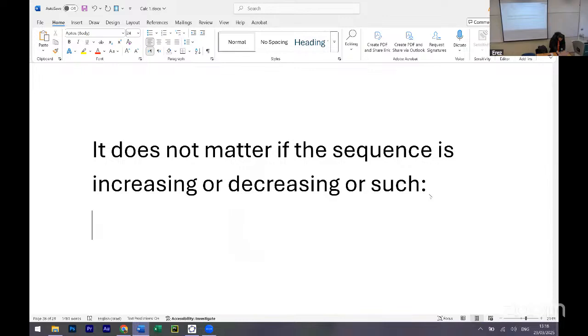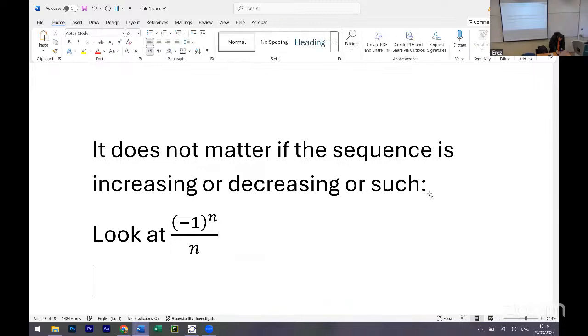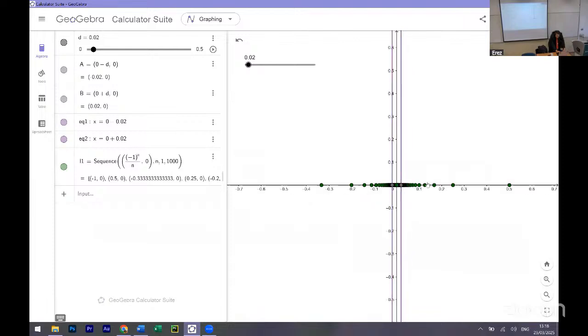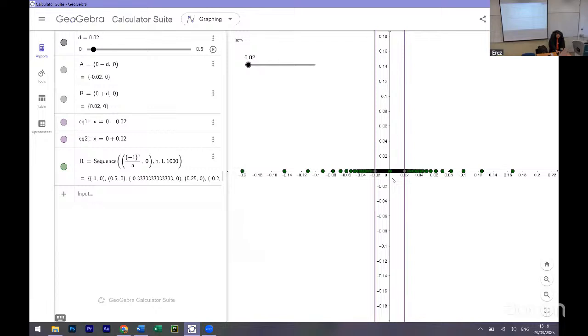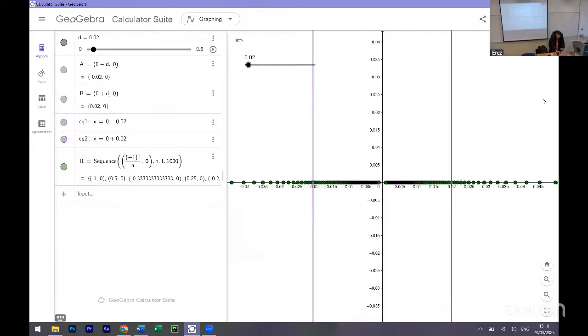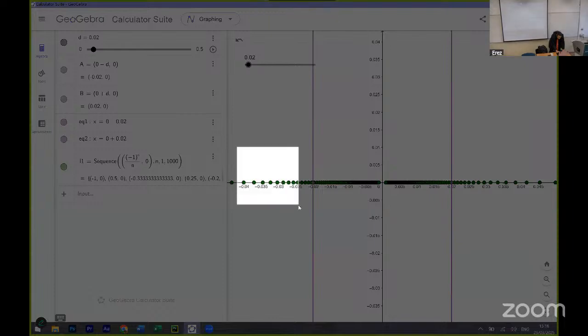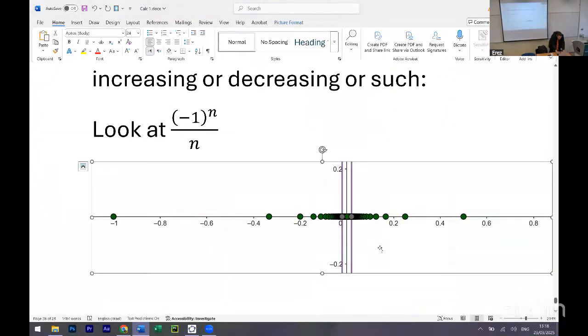And look at -1 to the power of n over n. But when I zoom in, when I look at a certain area of 0, can I say all of the elements of the sequence are within this area?